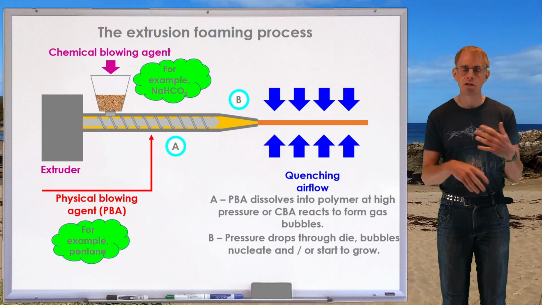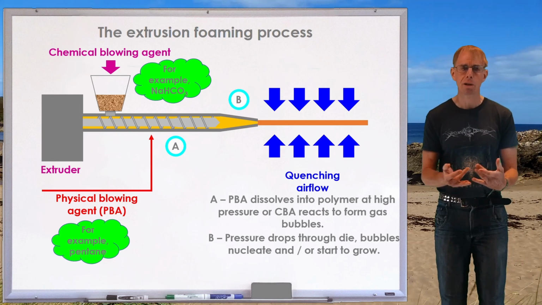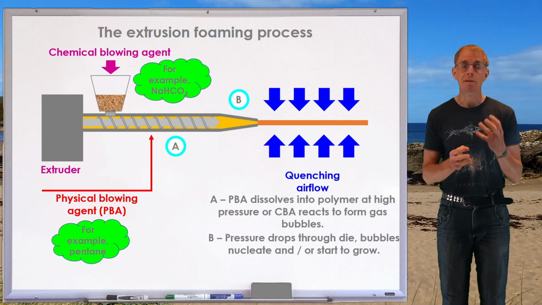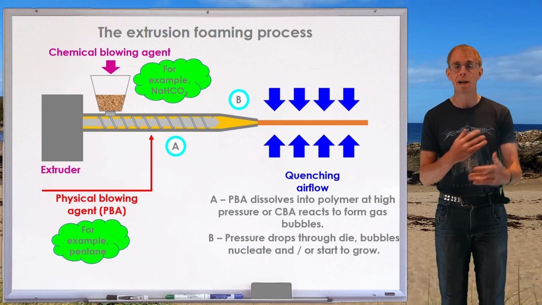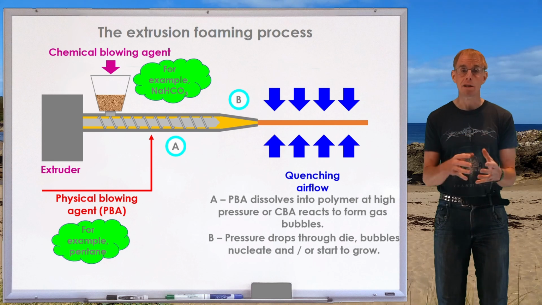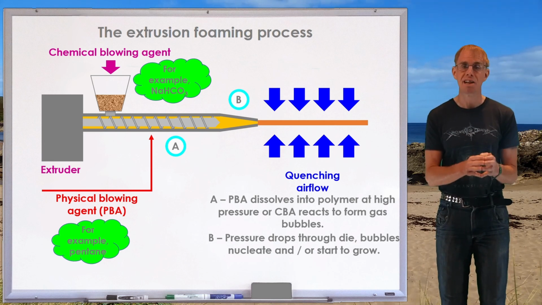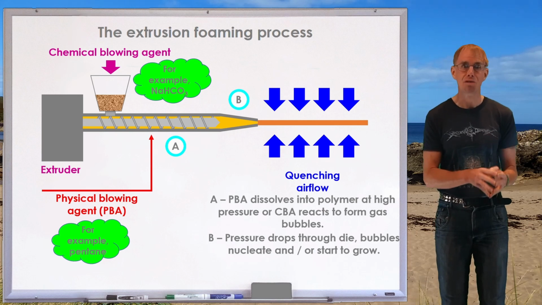Crucially, you've got the dissolution of a physical blowing agent within a molten polymer. You might have a chemical blowing agent undergoing a chemical reaction, the first stage of which might result in a dissolved product as well. Then there has to be mass transfer to get that dissolved product out of solution.